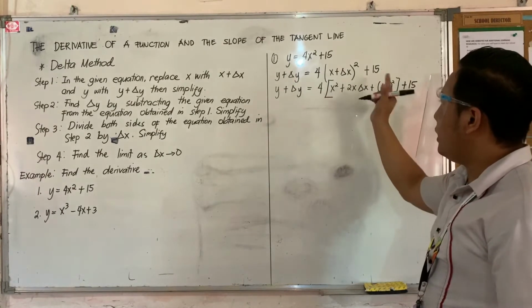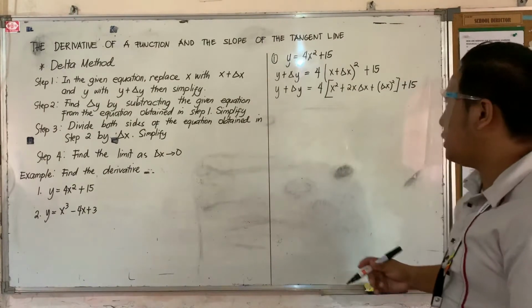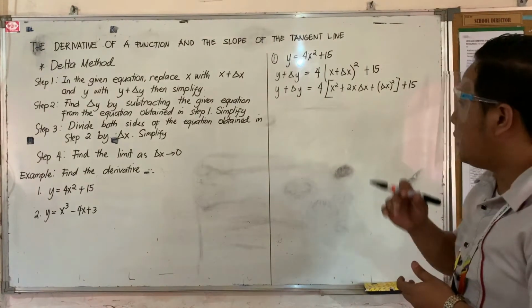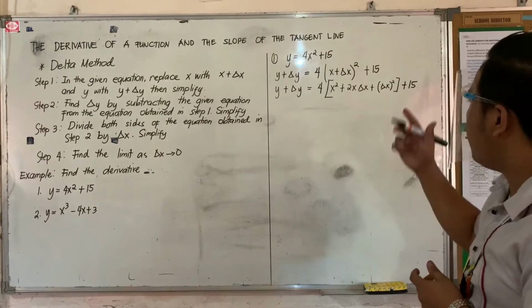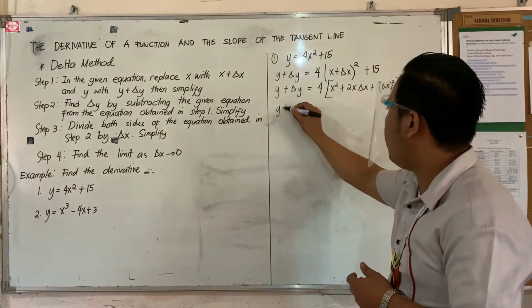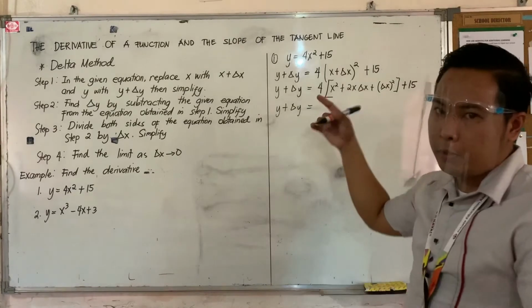So, pwede din kayong gumamit ng foil method, vertical method, or the long method as techniques in evaluating or expanding the binomial. So, sabi dyan, simplify. So, kung may simplify tayo, meron pa tayong multiplier na 4. So, we have y plus delta y equals 4 times x squared, distributive property.